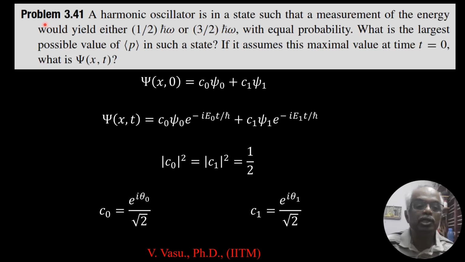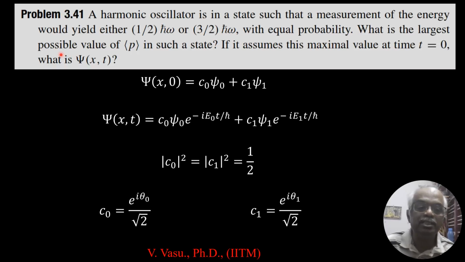Today we will solve problem 3.41 of Griffiths, third edition, Introduction to Quantum Mechanics. The problem: a harmonic oscillator is in a state such that a measurement of energy would yield either (1/2)ħω or (3/2)ħω with equal probability.